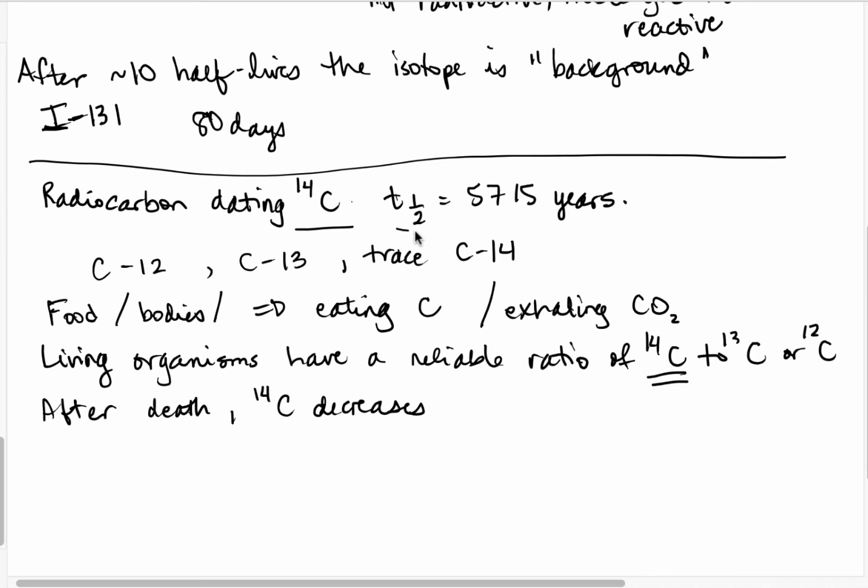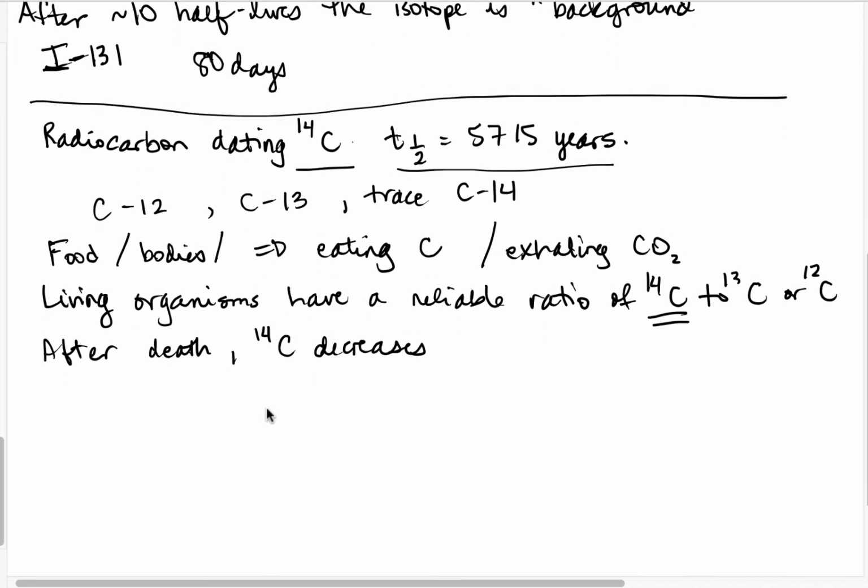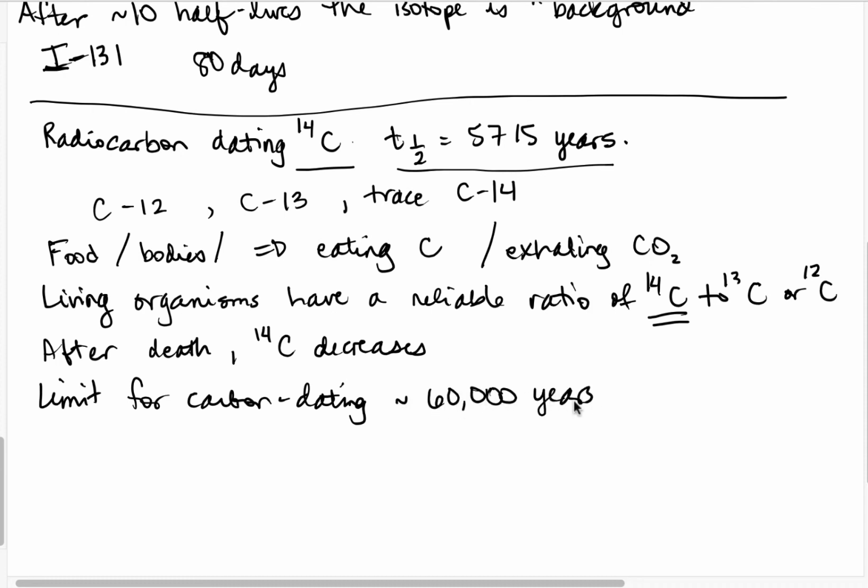So notice that the half-life of carbon-14 is over 5,000 years, and the limit for doing carbon dating is about 60,000 years, or maybe a little less than that, which lines up pretty well with 5,700 years times 10, right?